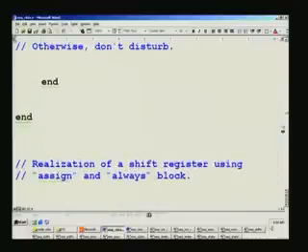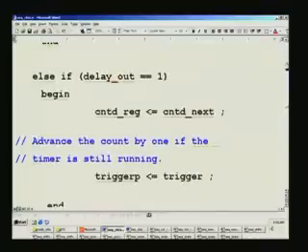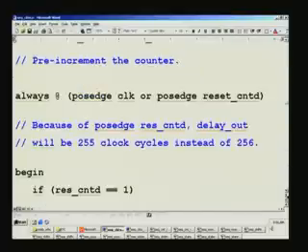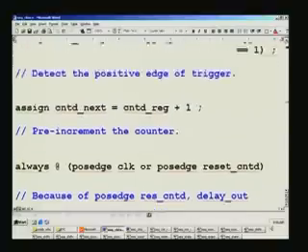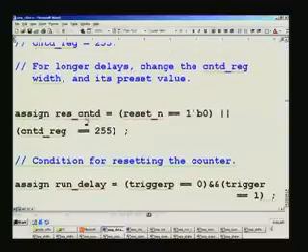So what I want to point out here is, let us see how 256 clock cycles and 255, that is all we have to consider here. So now let us see what is happening here. Reset counter, we will see the waveform also. This reset counter is a combination of the power on reset as well as counter being 255.